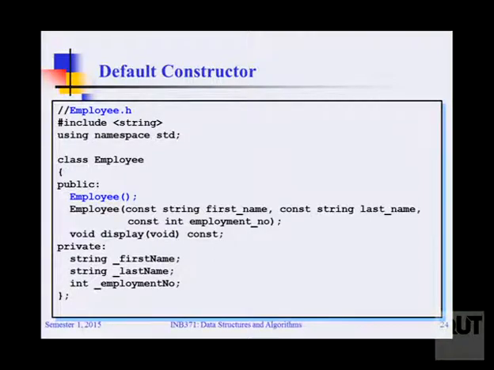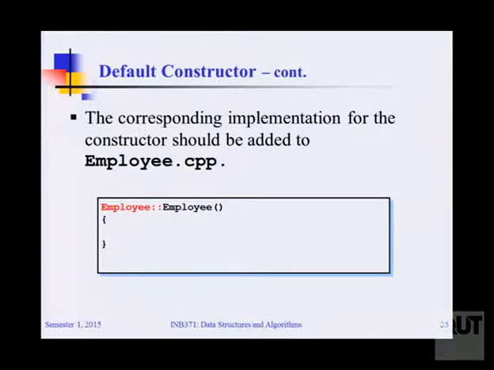You use their default values to initialize those three class members. For example, string is an empty string: first name, empty string, last name, empty string, and employee number 0, because the default value for integer is 0. Right? That's it. You create an object like that. Okay, so this is the basic implementation.